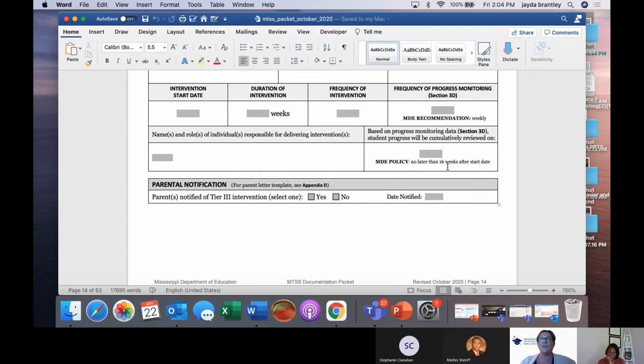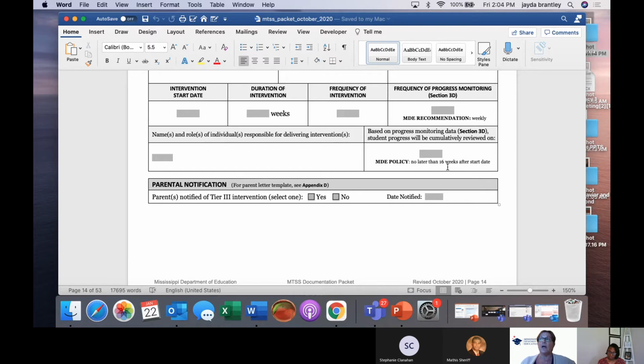But with tier 3, because it is so intensive, sometimes it takes a number of weeks to really get that data. But again, as a team, as you meet, you may say, we don't need a full 16 weeks of tier 3. We see what's going on. We have enough data to have a MET meeting to show that we need to have this child tested, or that we have enough data to show that this child's mastering everything they need to master at tier 3.